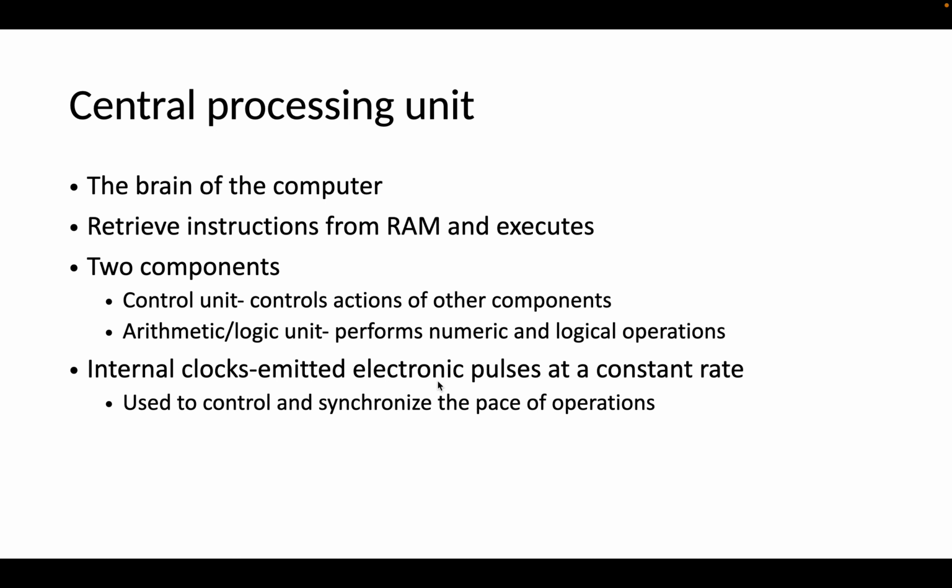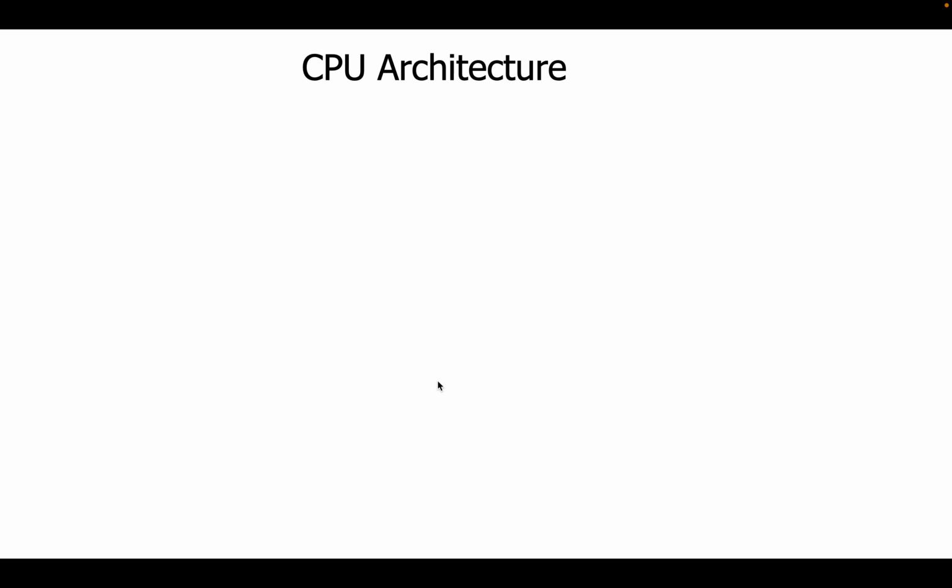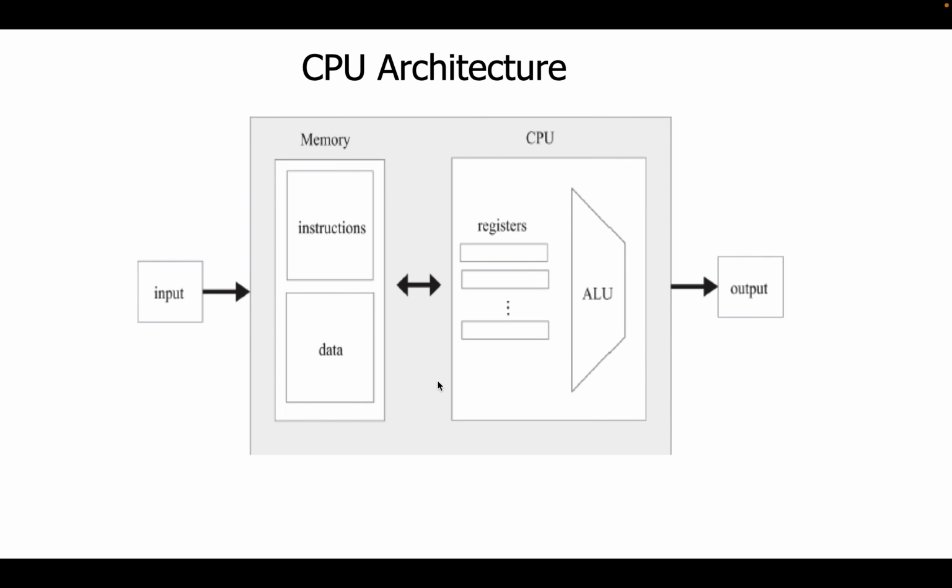You might have seen the speed being described in gigahertz. This is controlled by the internal clock. We used to have single core processors, but now we have multi-core processors, which are way faster than the previous ones. So how does the CPU do its job?